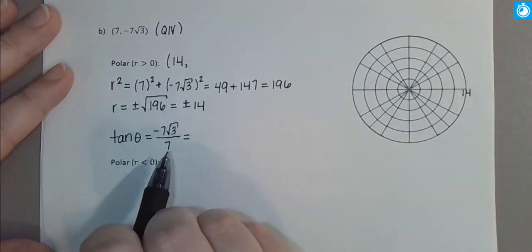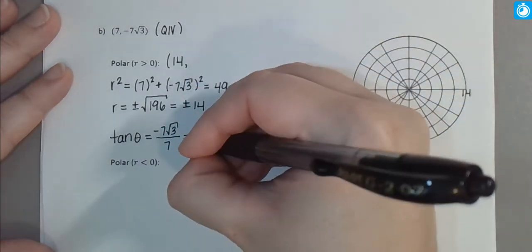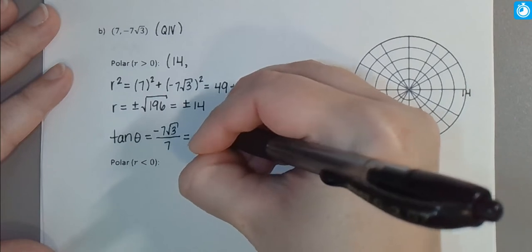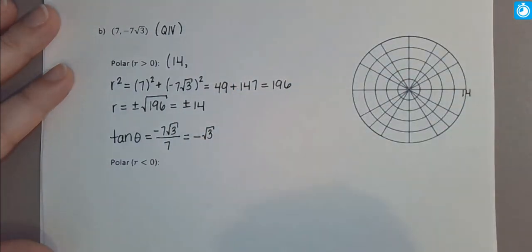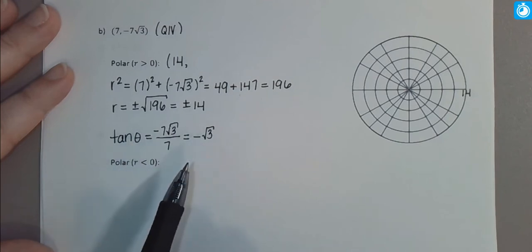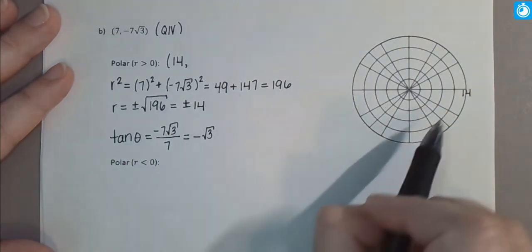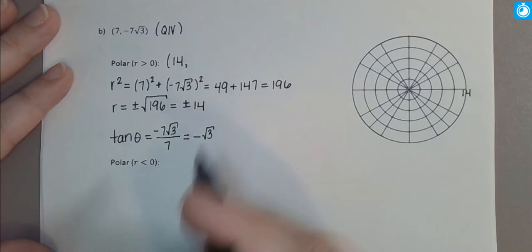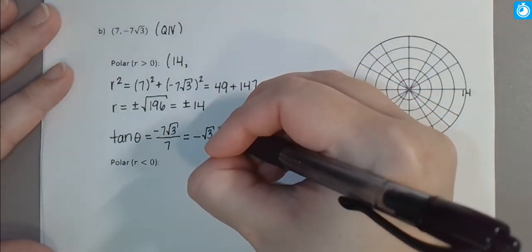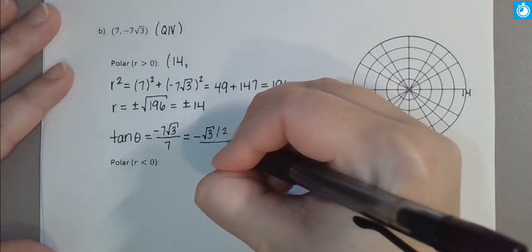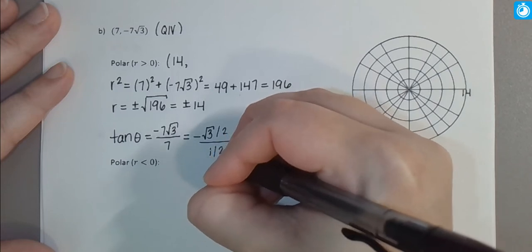So our 7's are going to cancel, leaving us with just a negative, so -√3. Now, how do we determine what value of theta gives us that value for the tangent when we're in that quadrant? Well, think of this, maybe more helpfully, as -√3/2 and then 1/2.